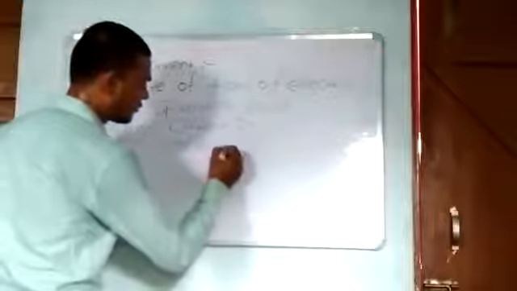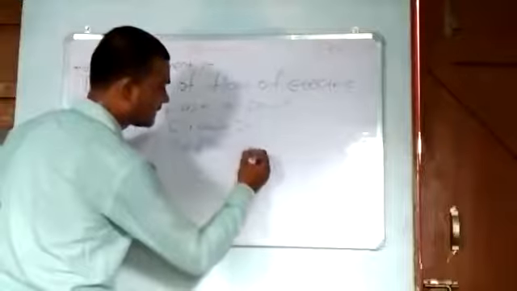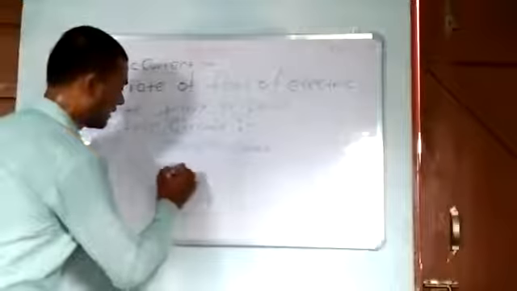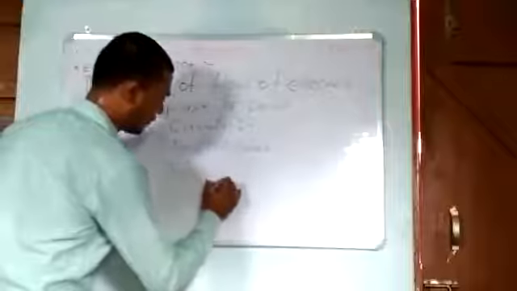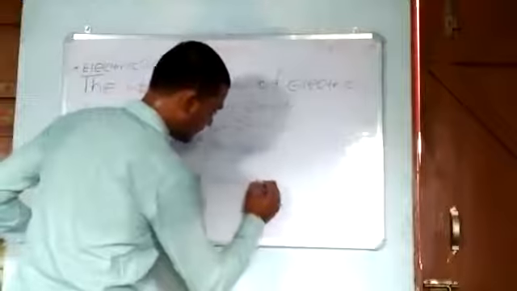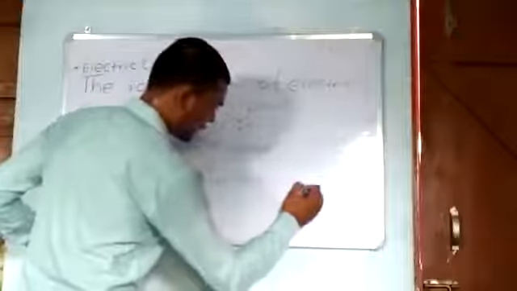The flow of electric current and the flow of electrons are opposite to each other.